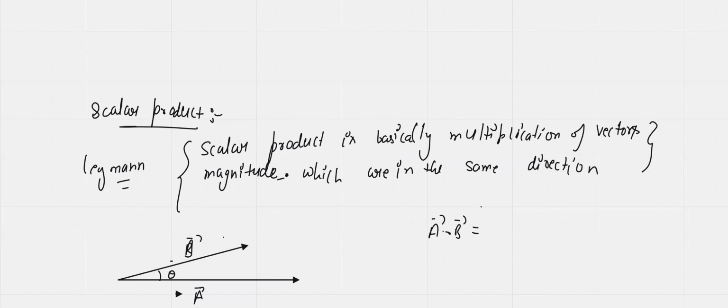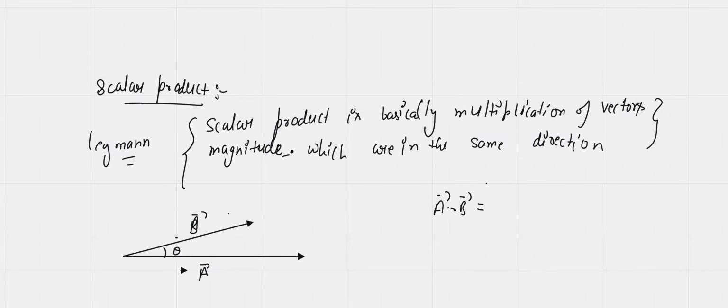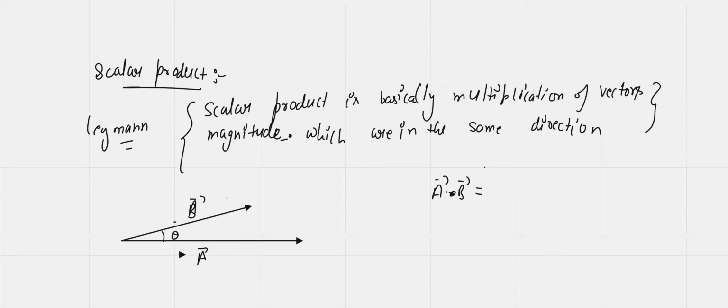Okay, let's go with the magnitude. What does the definition say? The scalar product is nothing but multiplication of vector magnitudes. Let's say the magnitude of A is A and of B is B. Is it only the magnitude? No, magnitudes which are in the same direction.